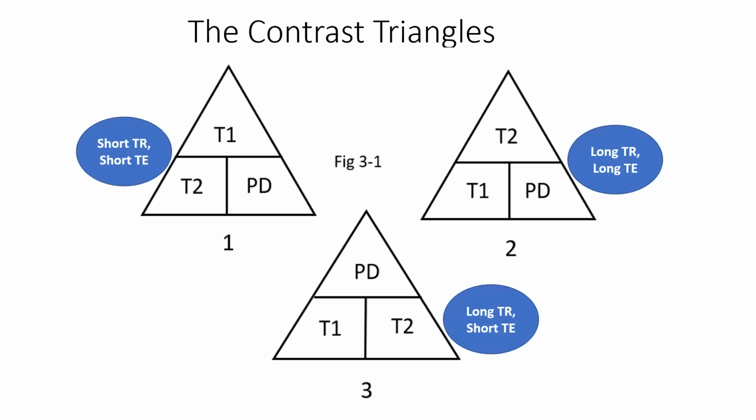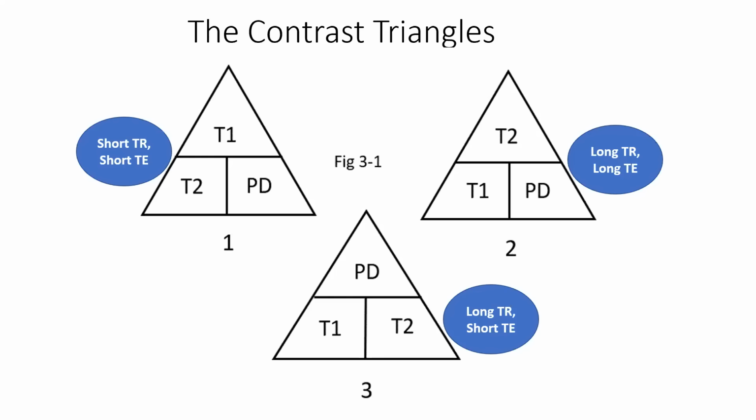A short TR is going to maximize T1. That's triangle number one. And the short TE is going to minimize T2 contrast. So we'll have bright fat, dark fluid. And proton density is just kind of process of elimination.